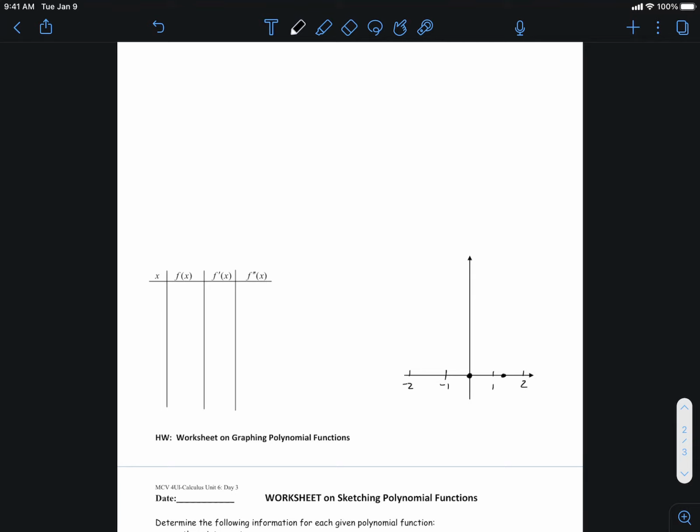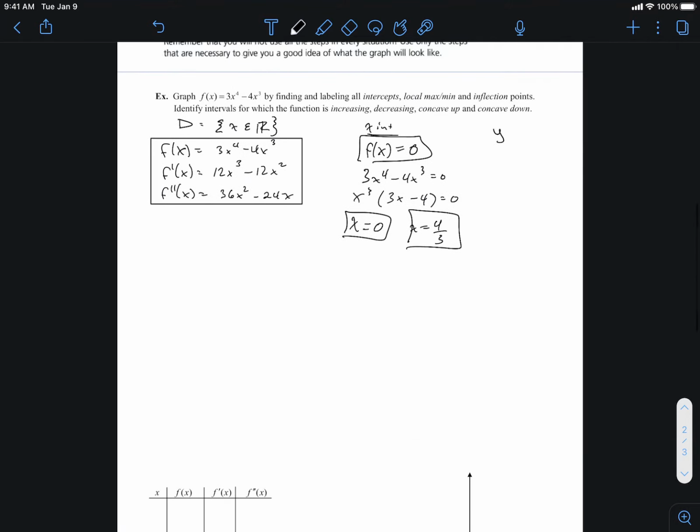Okay. Now we could find a y-intercept as well. Right? We could say, okay, well, what's true about the y-intercept? Well, what is the value of y when I plug in a value of x? Okay, so that's what we're looking for.